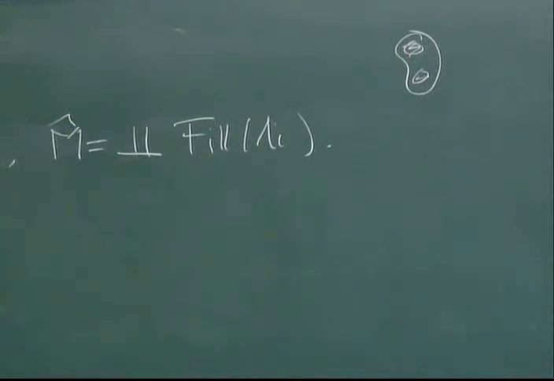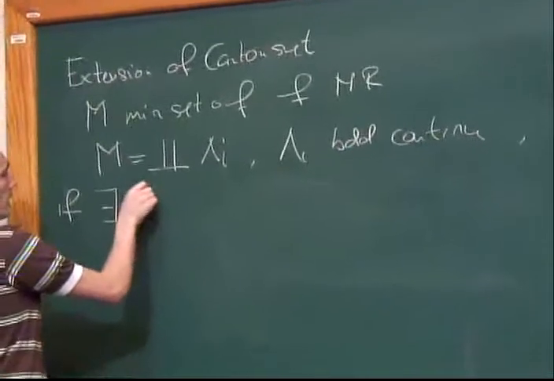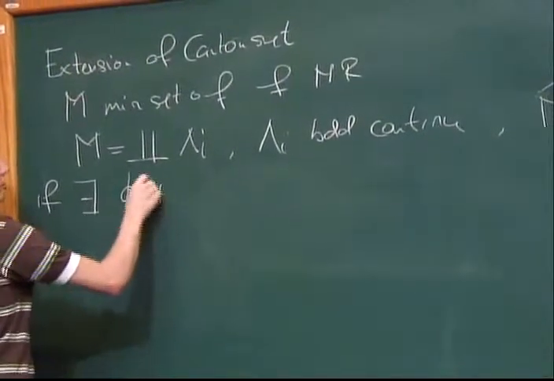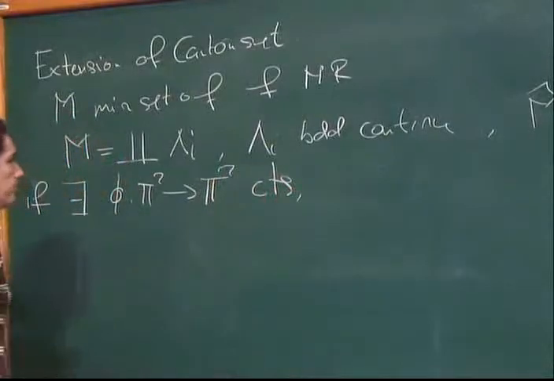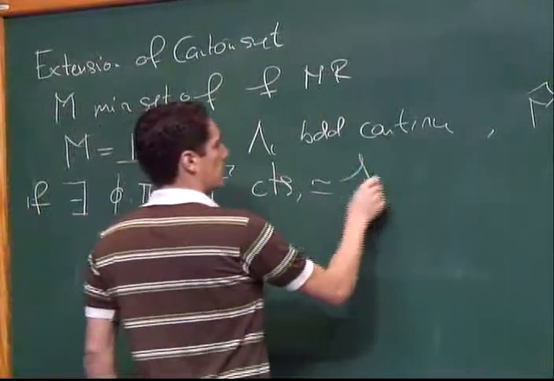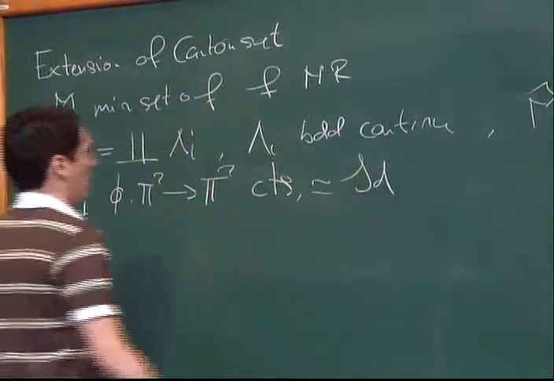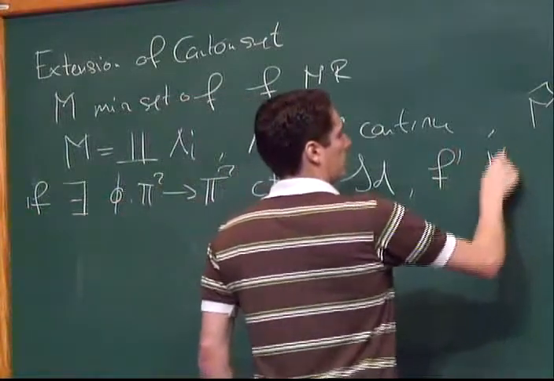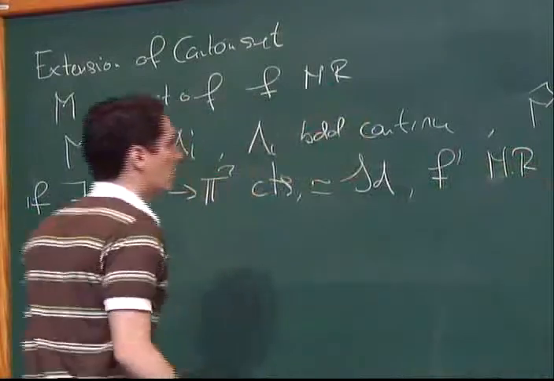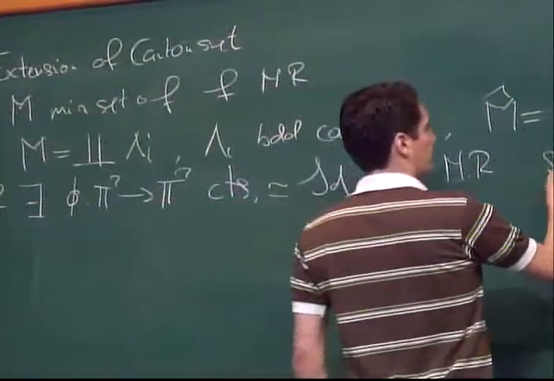Now, if there exists a phi of the torus to itself, continuous, homotopic to the identity, there exists an F prime, non-resonant, such that the following holds.